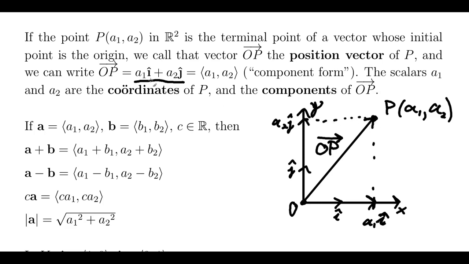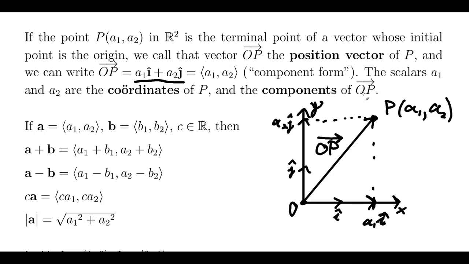This notation is so useful that we have a shorthand where we put a1 and a2, the lengths of those components, which are also the coordinates of the point P, between angle brackets. We say that those scalars a1 and a2 are the coordinates of the point P, and they are the components of the vector OP.